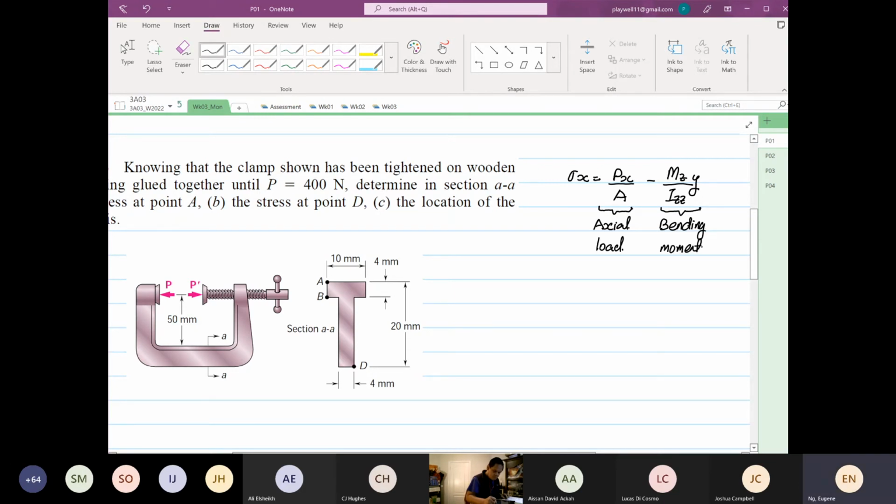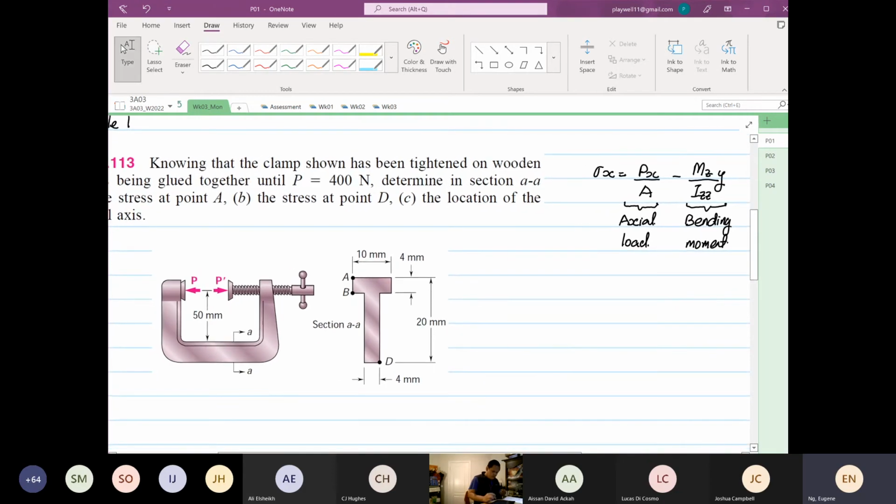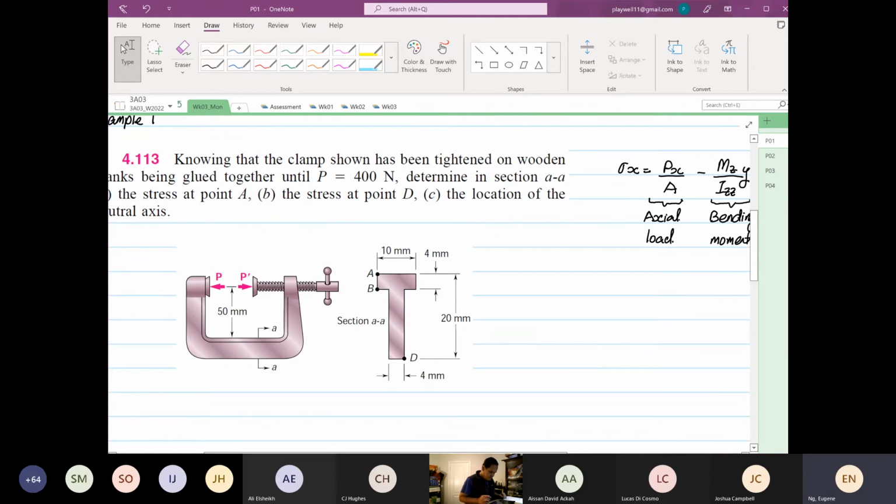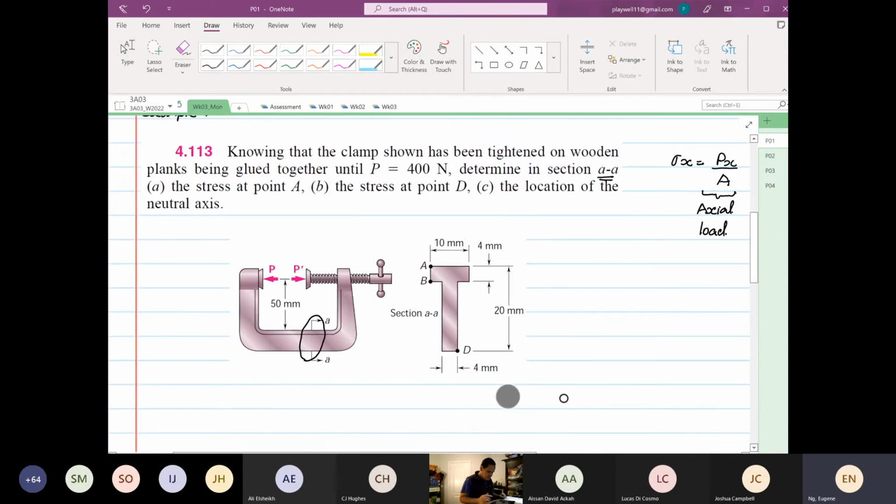So for this case, we know that it is eccentric loading. We are going to analyze the stresses in section AA. Here is where section AA is, and the one on the right is the cross-sectional view. We are going to determine the stresses at point A and point D, and the location of the neutral axis.